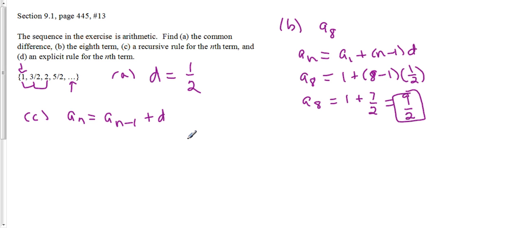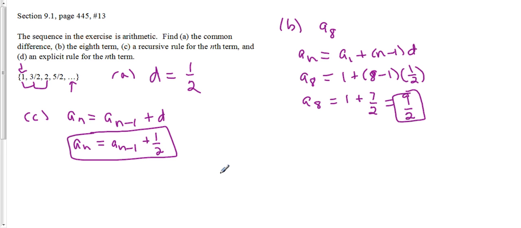Really, if we're going to write the recursive rule, the only thing we can do is substitute in for d, which in this case is a half. So there's going to be our answer for part C, the recursive rule. Each element is equal to the element before it plus a half.